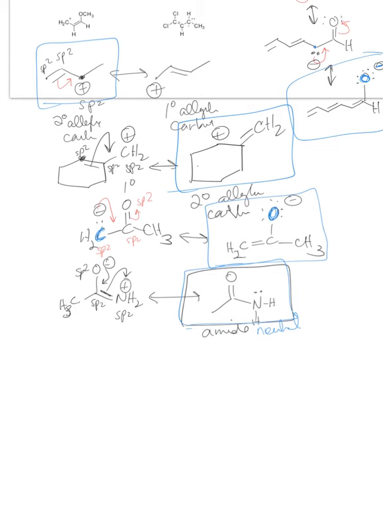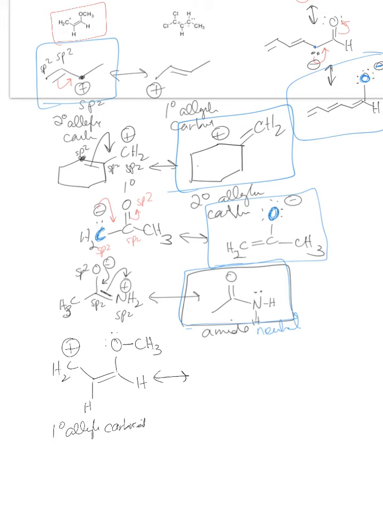Now we're working on this problem here. Let's redraw. CH2. Looks like it's going to be an allylic carbocation. This is a primary allylic carbocation. We do our double-headed arrow, and the electrons push down from oxygen because this is your sp2 center. sp2, sp2, sp2.